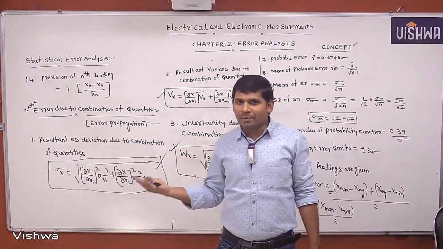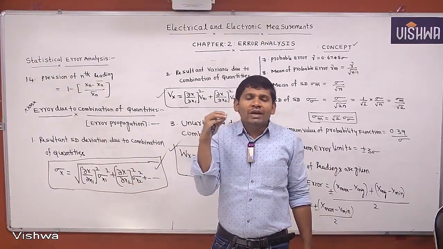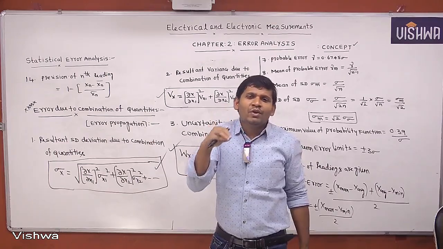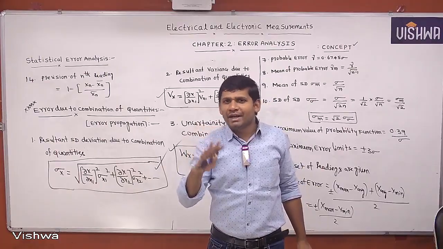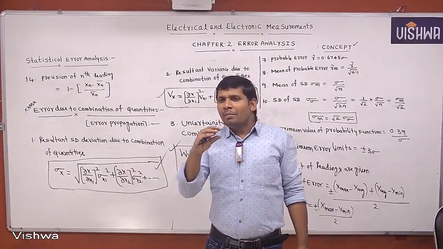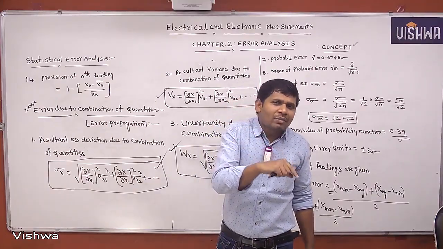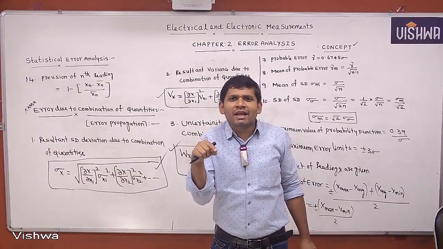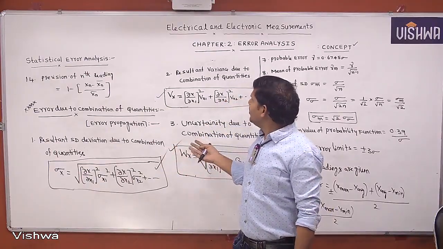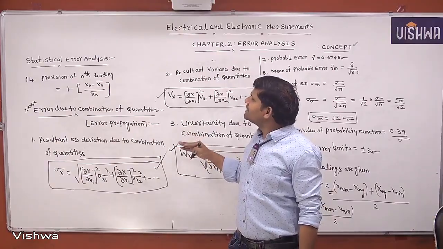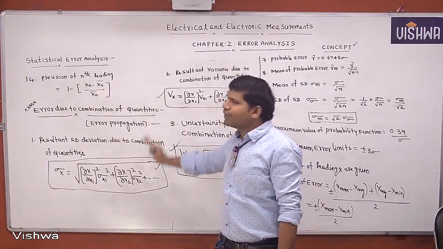In a given problem, when to apply normal error analysis and when to apply statistical error analysis, you will get an idea by solving some problems. From the statement of the problem, you can easily identify it. This is what the statistical error analysis is. In order to do the statistical error analysis, we can use all these formulas.